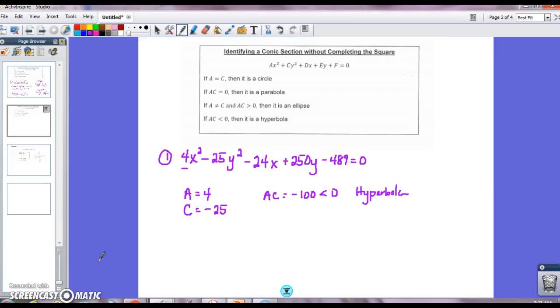And if you look at number 4, 9 times 25 would give you 225. That's greater than 0. A and C are not the same, so that tells you it's an ellipse. Okay? So that's how you can go through identifying different types of conic sections.